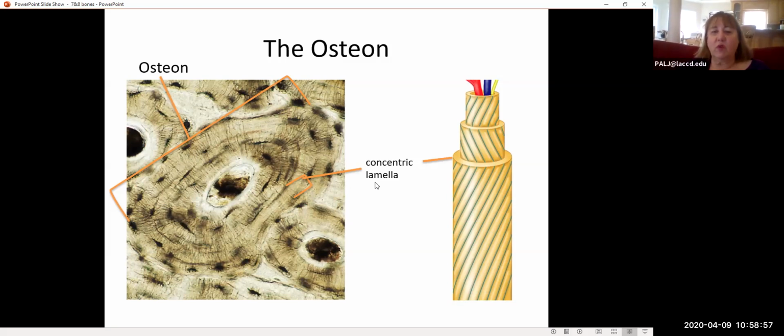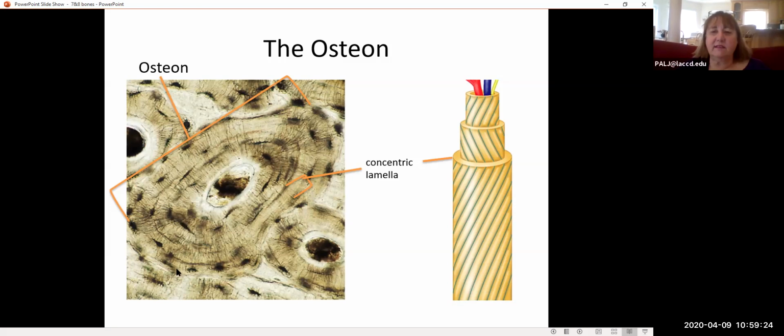Each ring is specifically a lamella, only we call them concentric lamellae because they go around each other in their entirety. The picture on the right has taken these lamellae and pulled them up so they kind of look like a wedding cake, but I want you to realize they're all going to be the entire length.